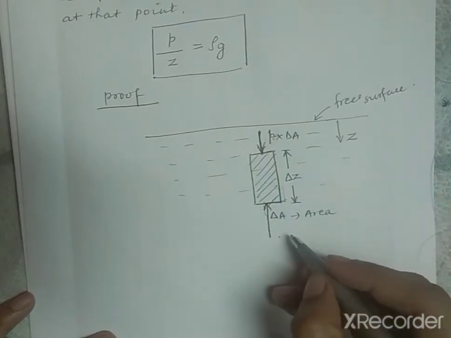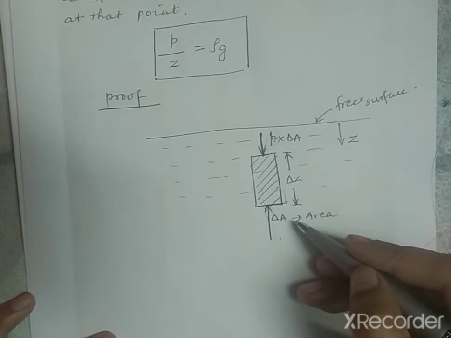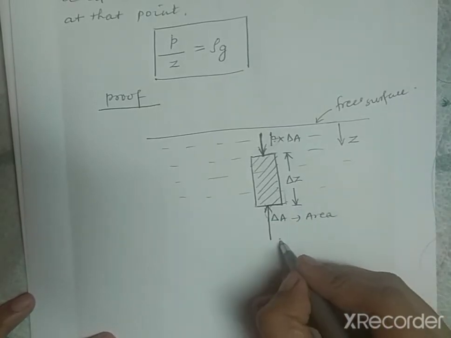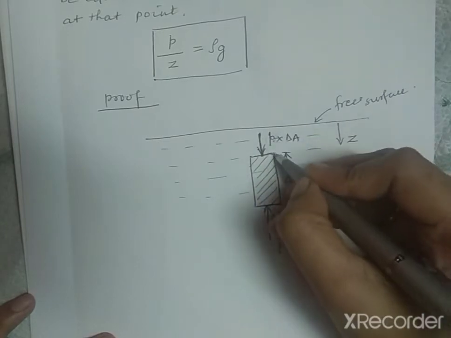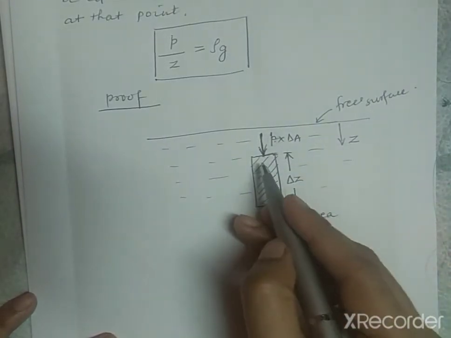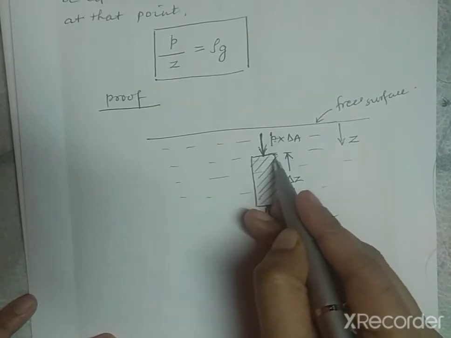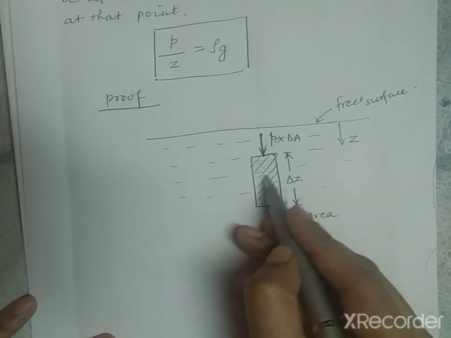So how to find out this one? With the increase in depth, the pressure increases. From this point, P is known, so from this point it is P plus, considering very small elements in this fluid element.